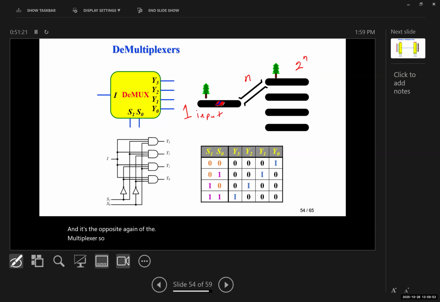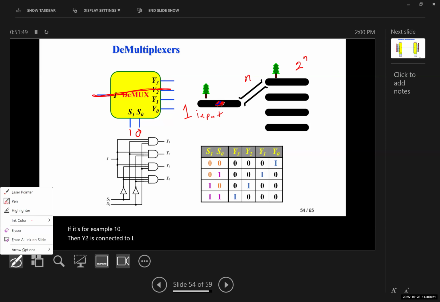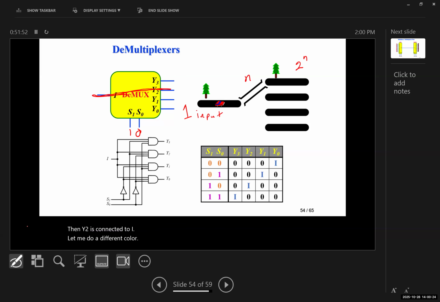So if S0, S1 is 0, 0, then Y0 would be I. If it's 0, 1, Y1 is going to be I. If it's 1, 0, Y2 would be I. And if it's 1, 1, Y3 would be I. So again, if it's, for example, 1, 0, then Y2 is connected to I. If it's 1, 1, then Y3 would be I, and the rest of it would be on high impedance. And at each time, only one of the outputs would be connected to the input.